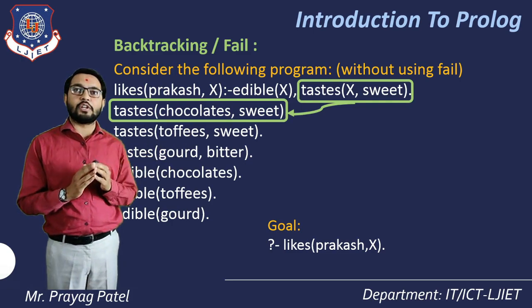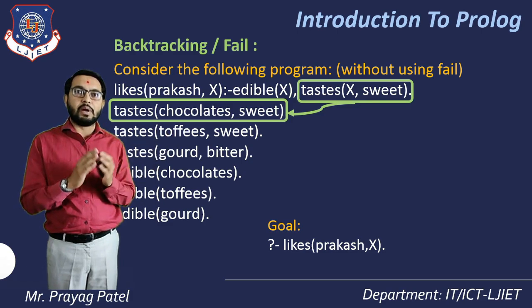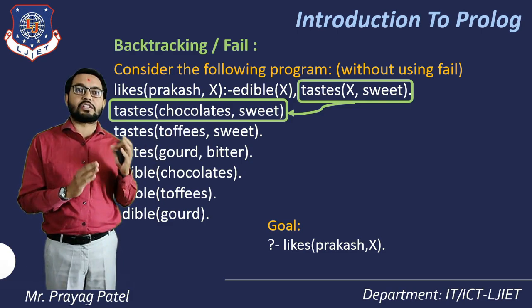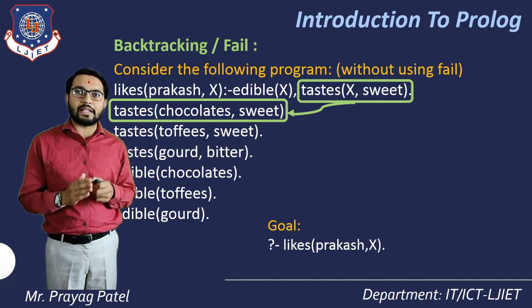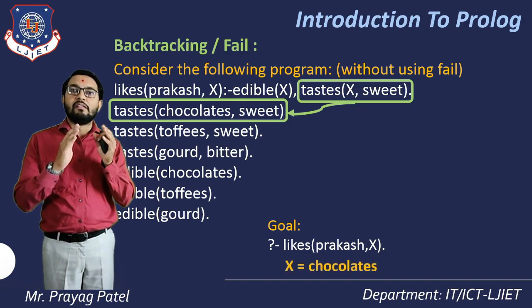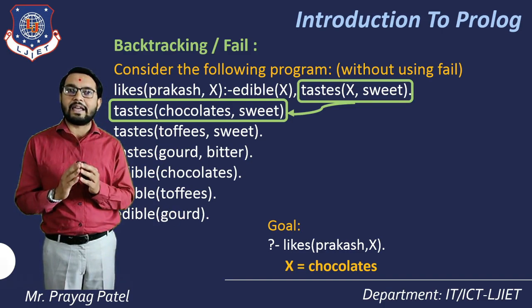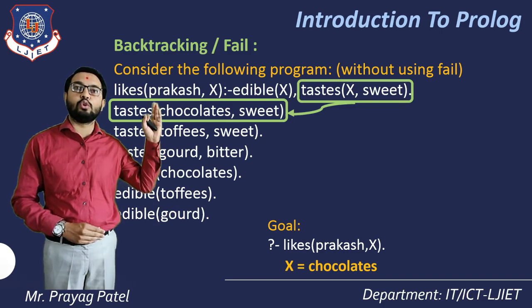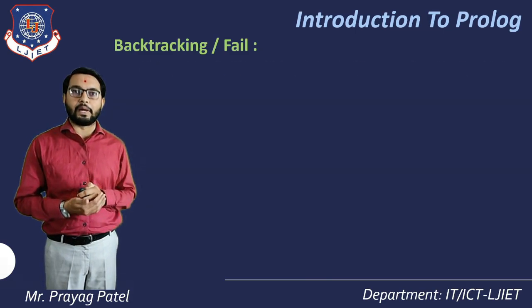So the right side portion of the first statement, edible X and taste X sweet, both are satisfied. So we can say that the value of X equals chocolate, because Prakash likes chocolate according to this first rule. So this is an example without the fail predicate.